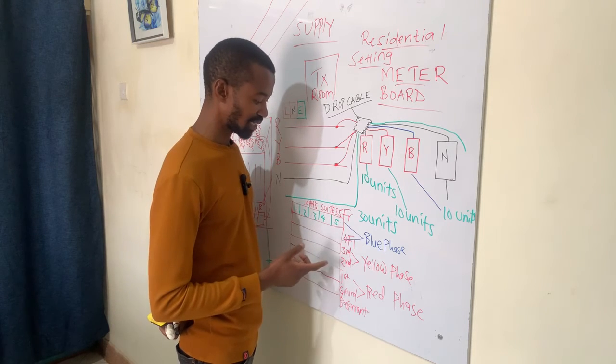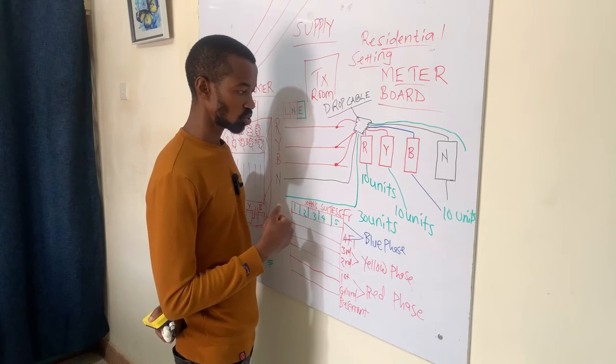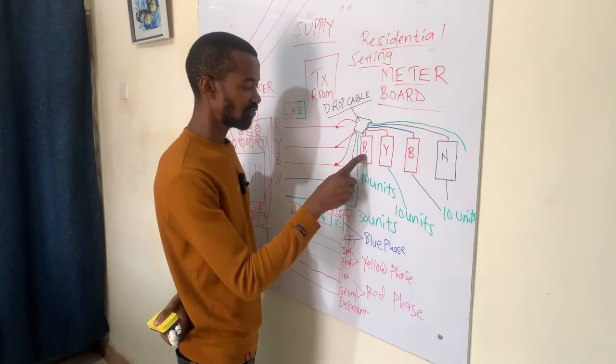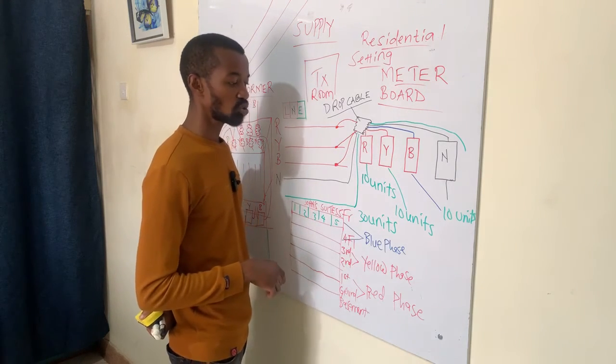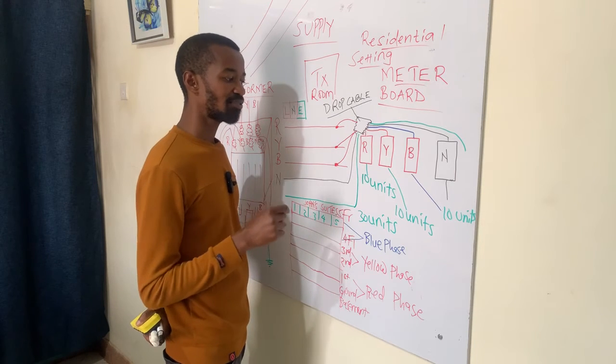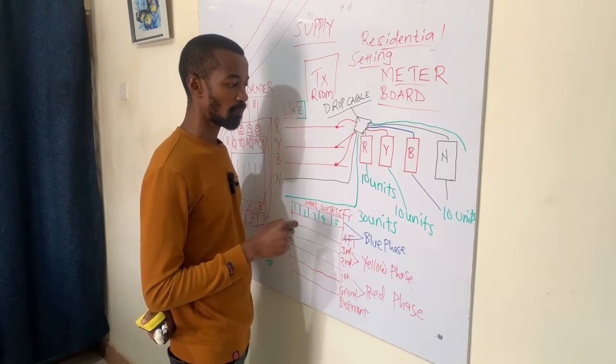You can either balance, or there is a technology you can use whereby if the red phase is missing, it can switch to the available phase, so that you do not have a total blackout in your apartment.